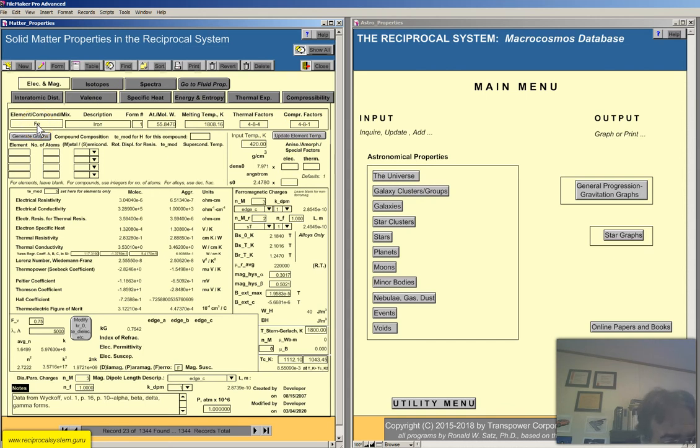Iron is the element. Form number 1, atomic molecular weight is here, melting temperature is here, thermal factor is here, compressibility factors is here. This is only for compounds, so we'll skip that. Input temperature is given here.